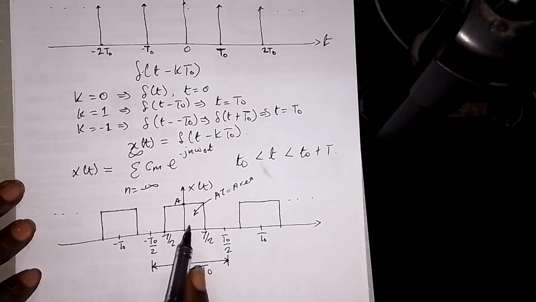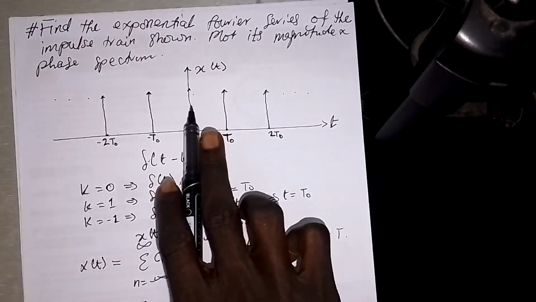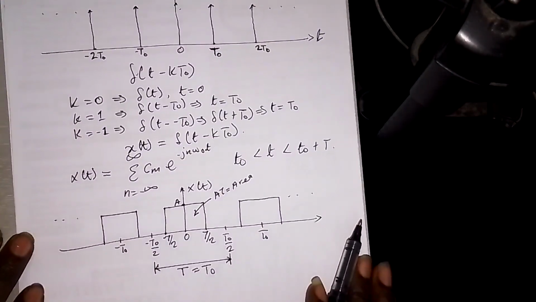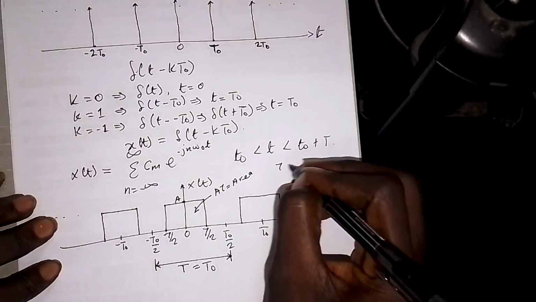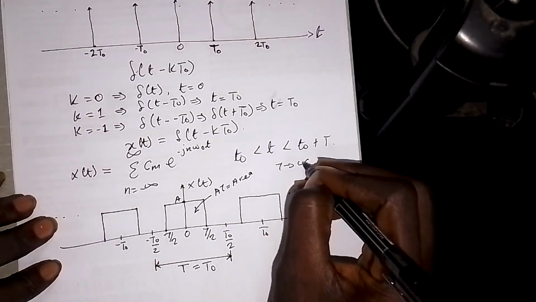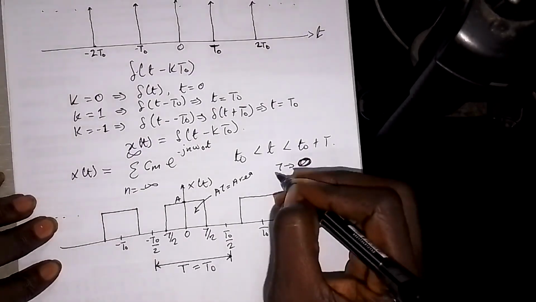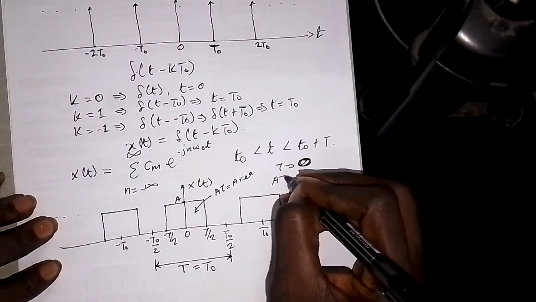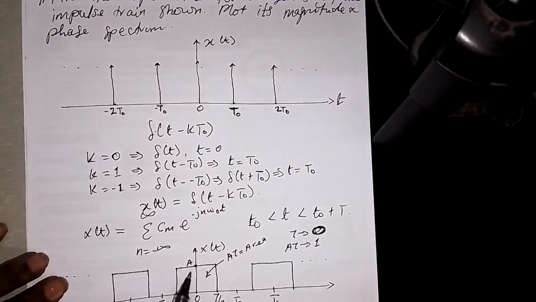Then when does this big pulse become this small line of pulse? This big pulse will become this small line of pulse if my tau is approaching 0. In that case my area, A tau, will be approaching 1, because it will be left with only the height.